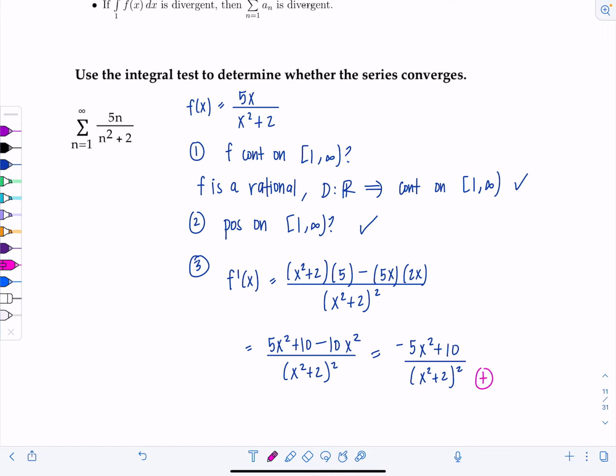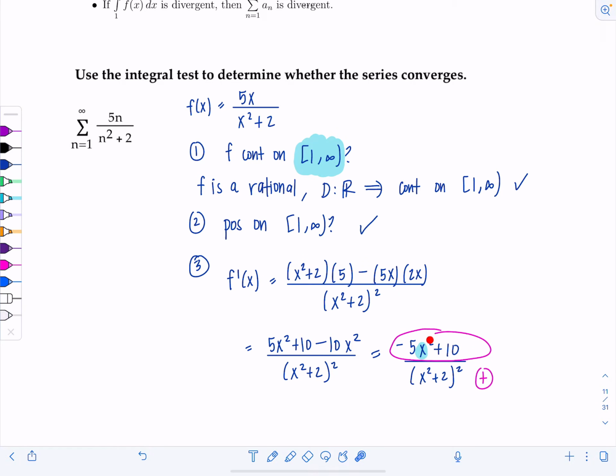The numerator, though, hold up. I'm only interested in the interval from 1 to infinity. Now, if I plug in 1 for x, the denominator is positive, the numerator is positive, which would mean f prime is positive, so the function's increasing. Ooh, that's not good.